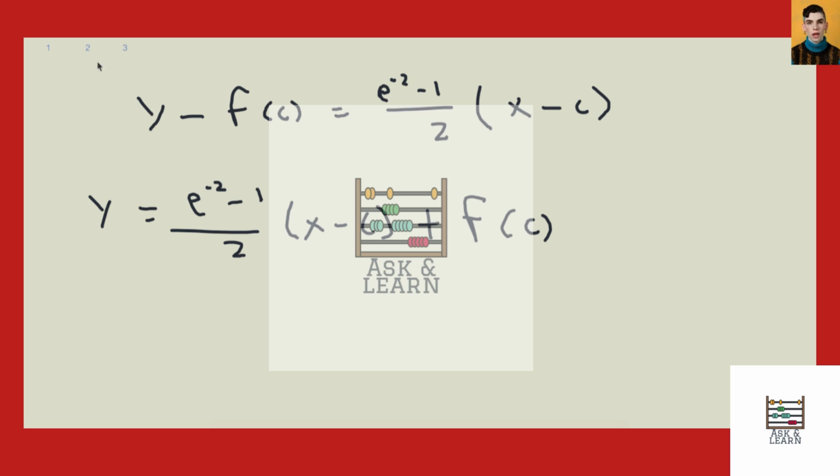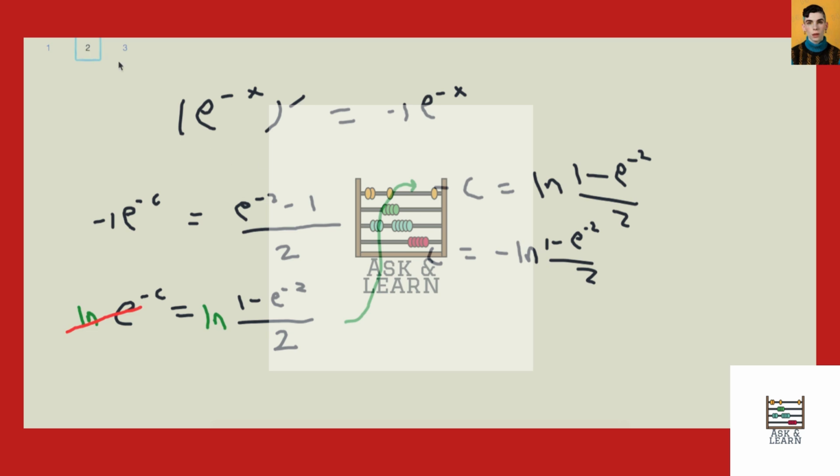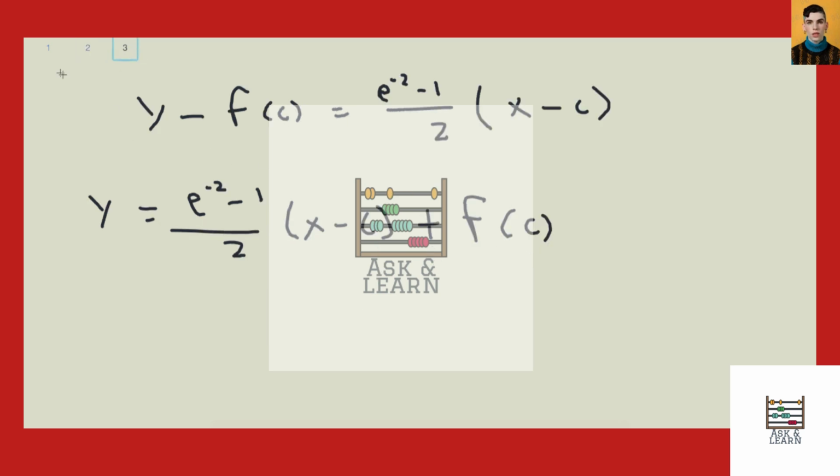So we know our c from here. And we know our f of c because we can plug this in. Recall that it was e to the negative x. That was our original function. So now instead of putting an x, we're going to put in our value of c here.